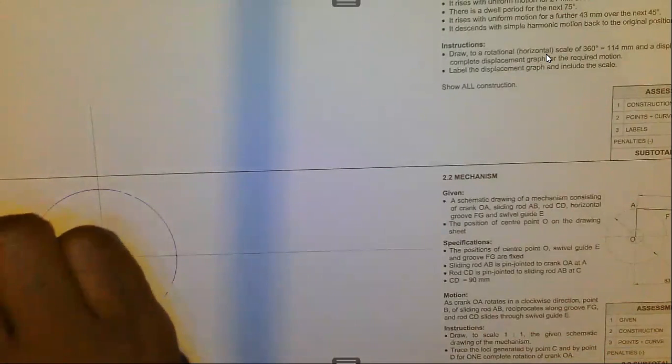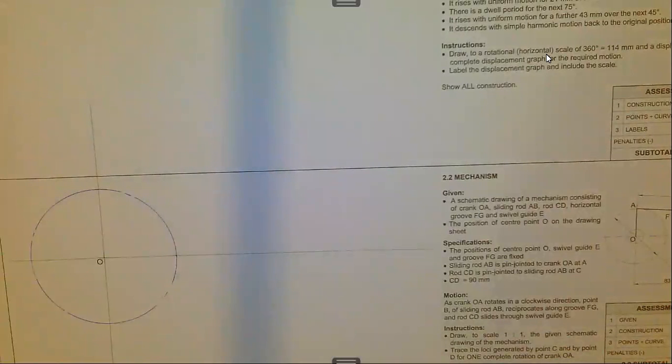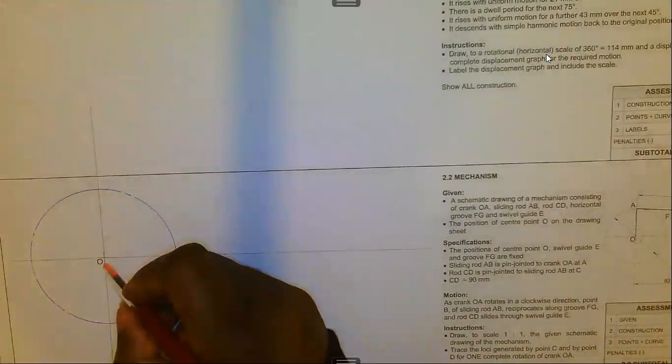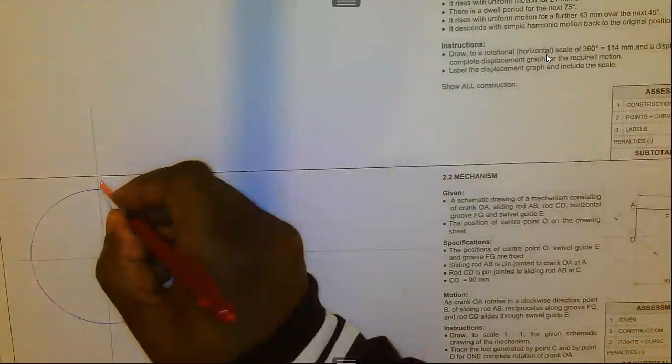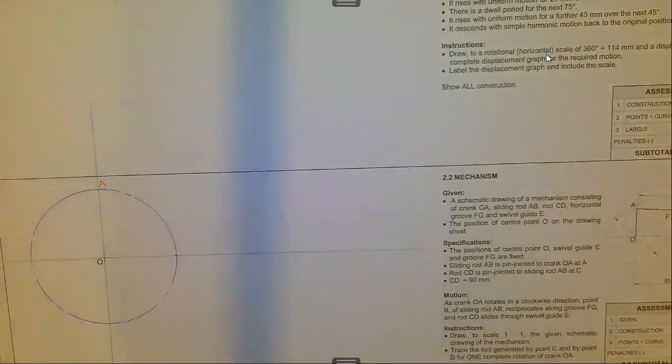There you go. Right, so this is point O, and this one would be point A. So I'm going to label this one A like that. Right, now we need point B.